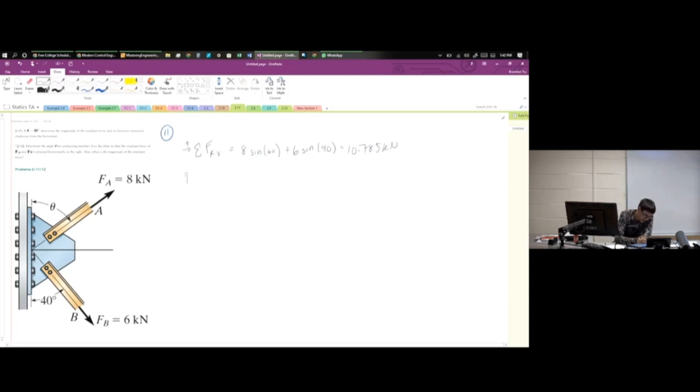And you have upward plus sum of FRy is 8 cosine 60 minus 6 cosine 40, right? So that would give you negative 0.596.